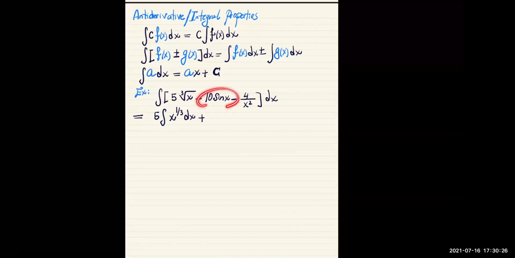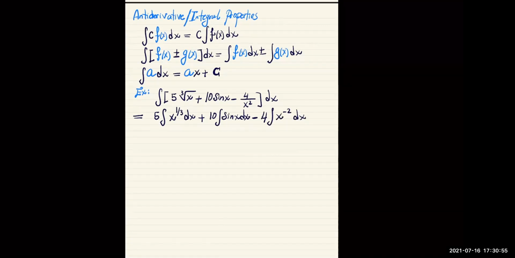Same thing with this function. 10 is a constant. I'm going to leave 10 out of the antiderivative and do the antiderivative of sine x. Minus, same thing. Put that 4 out and write that over x squared as x to the -2, so you can use the power rule. We are applying the antiderivative operation to every piece and using this property.